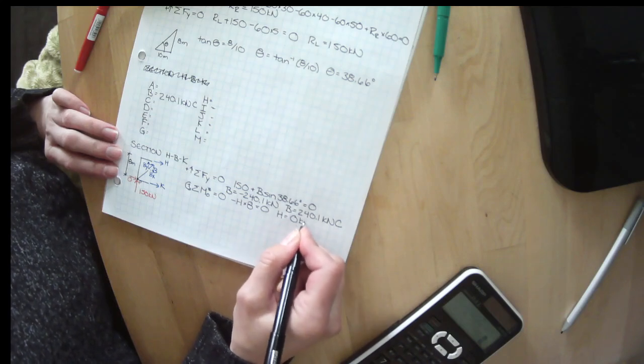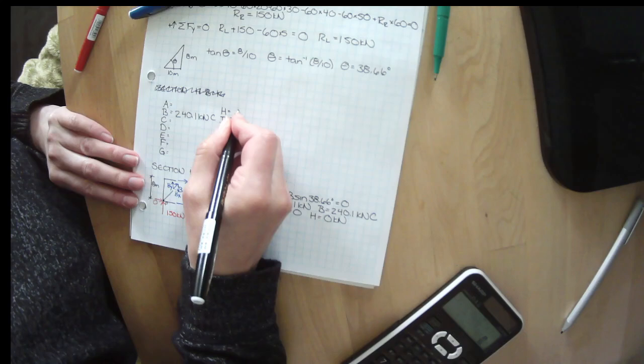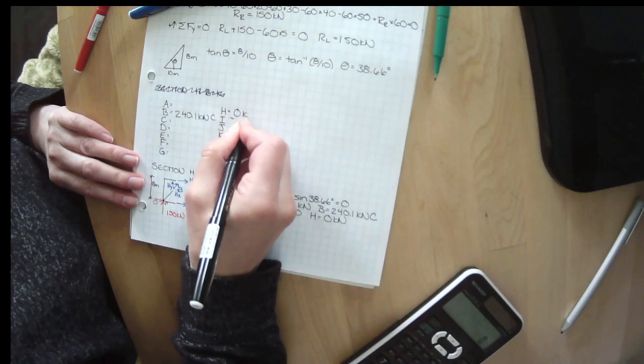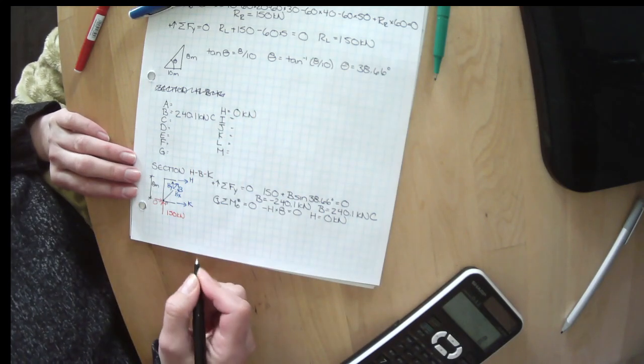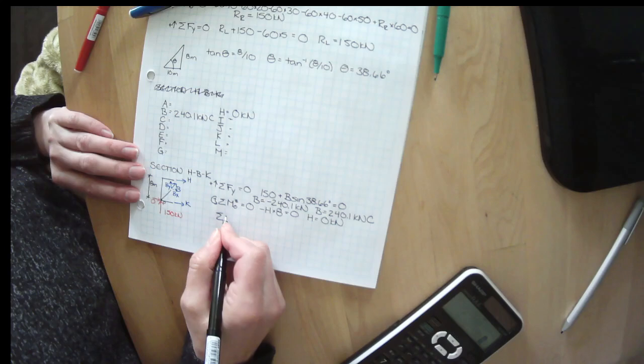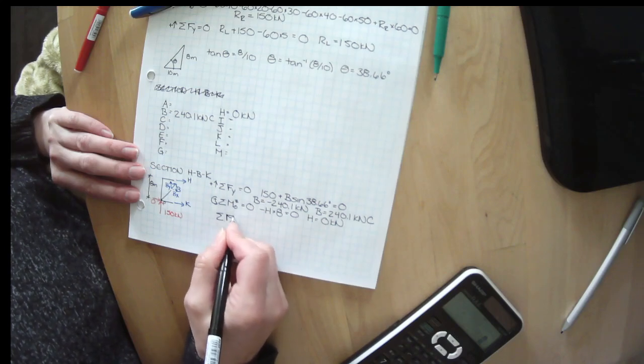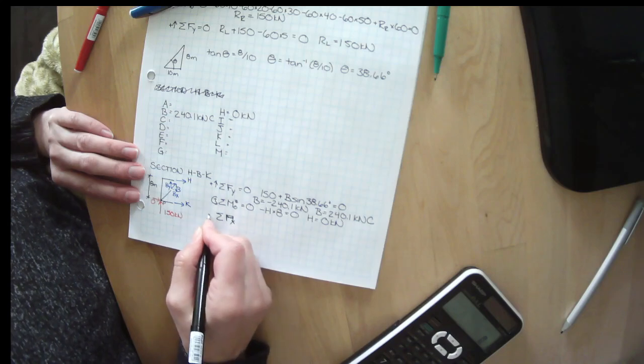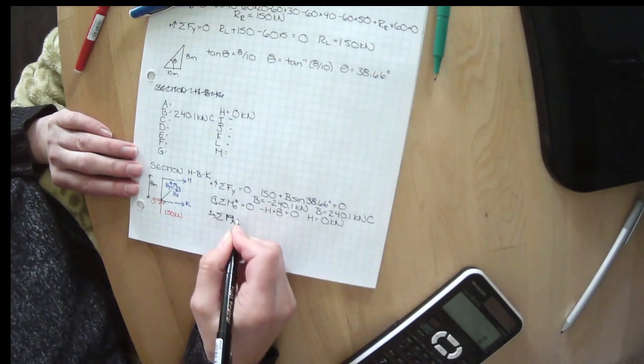H equals 0 kilonewtons. So H equals 0 kilonewtons. We can sum our forces in the x direction, where everything going in that way is positive.